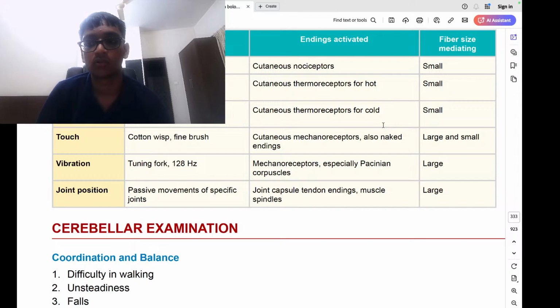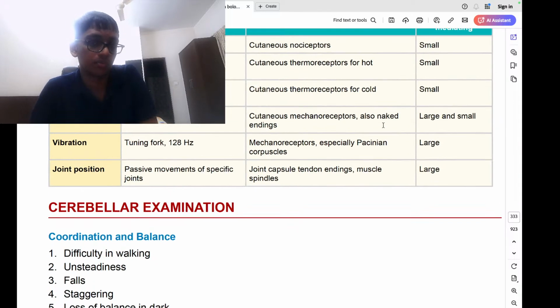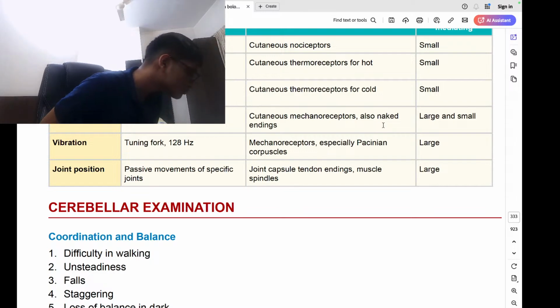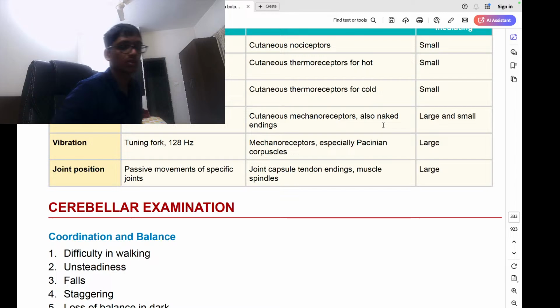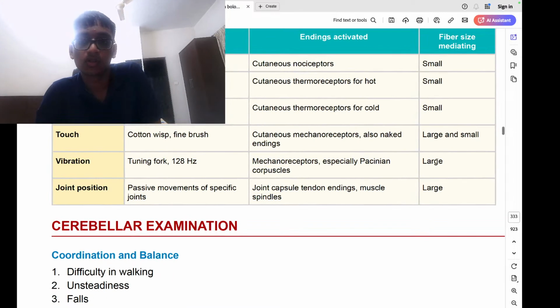Large and small fibers, you can see. Vibration, tuning fork 128 Hz. Mechanoceptors, especially Pacinian corpuscles. This fiber mediator is large.